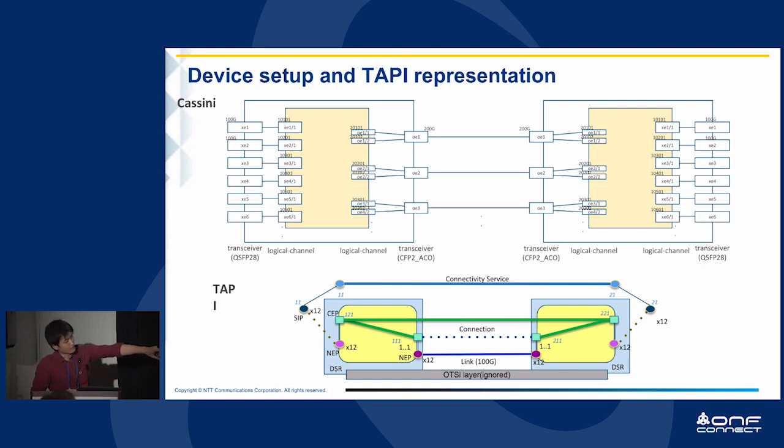Two nodes are represented like this, and each node has 16 service interface points to expose to the northbound user application as an end-to-end connection of the request point from the northbound interface.